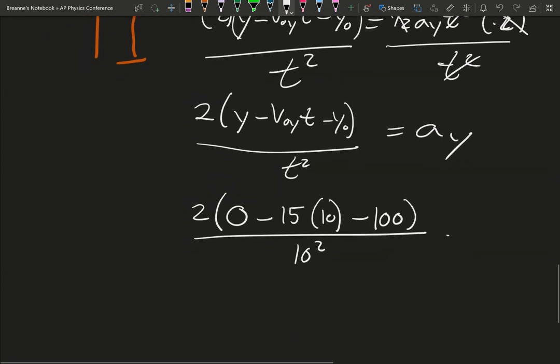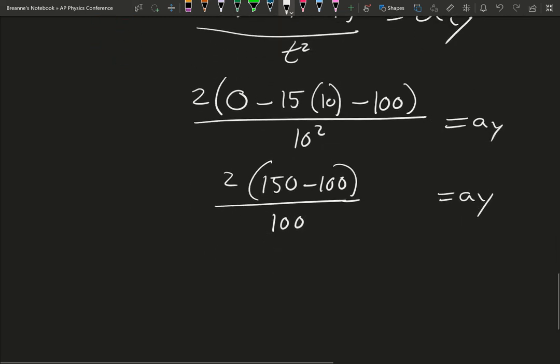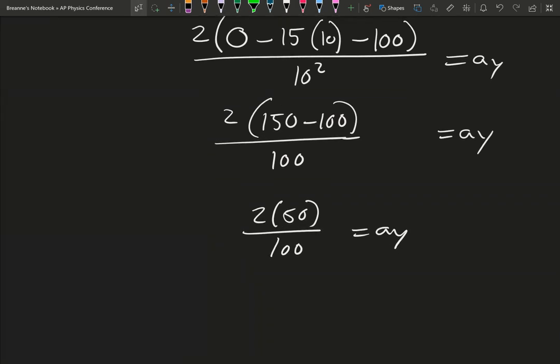Can't forget about the squared. And all you've got to do is plug that into your calculator. So we get, the 0 can go away, 15 times 10, which gives you 150 minus 100. We can go ahead and do 10 squared. So 150 minus 100 gives you 50. So 50 times 2.